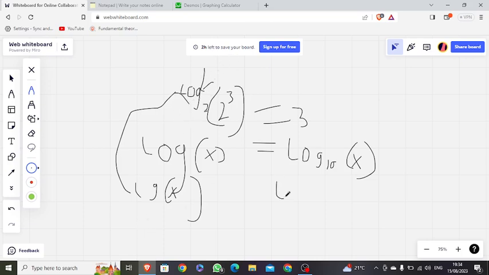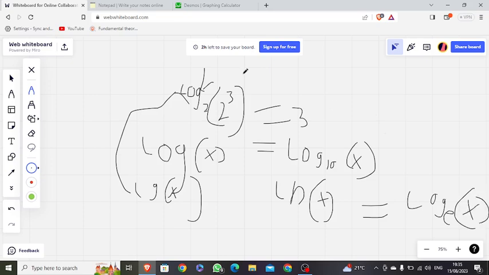And finally, ln is how I've heard people say it. I call it ln. It equals the log base e. And you might find it weird, why would you have a log base e, but just go with it for now.